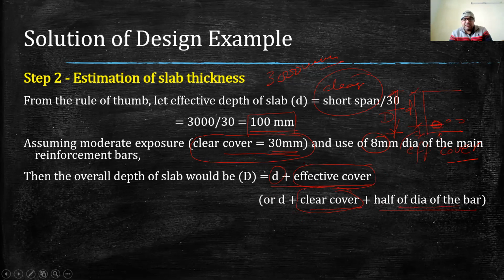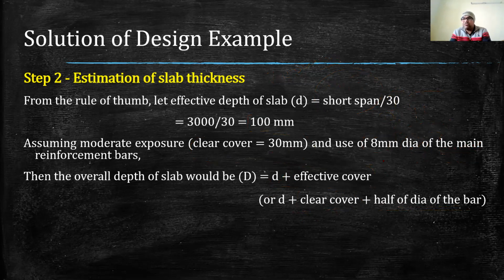Generally in the slab, we will assume the dia of bar between 8 to 12 mm. We can assume 8 mm dia, 10 mm dia, or 12 mm dia. Generally, we don't take a bar higher than 12 mm dia. Here we are assuming 8 mm dia of the bar as the main reinforcement, and we will use the same 8 mm dia bar in the next steps also.